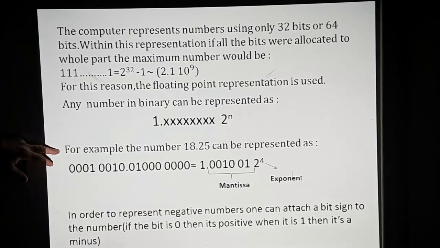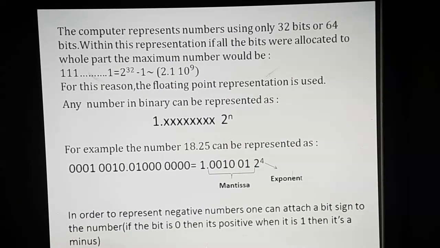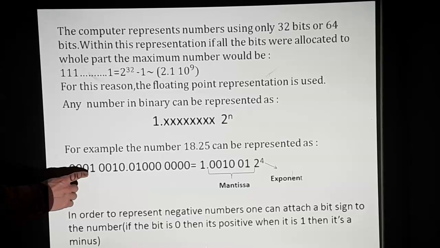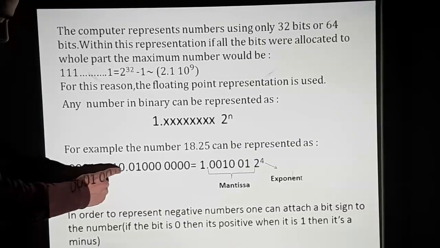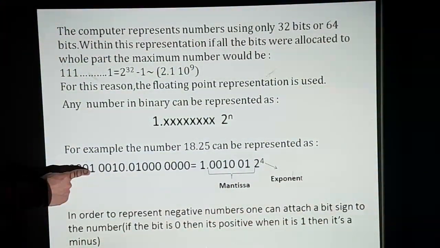So, for example, the number 18.25 that we represented before in the fixed point binary representation, now we can represent it in the floating point binary representation by considering the first non-zero digit that we find, and then we express it as 1.001001 times 2 power 4, which is in this case the power of the first non-zero digit.